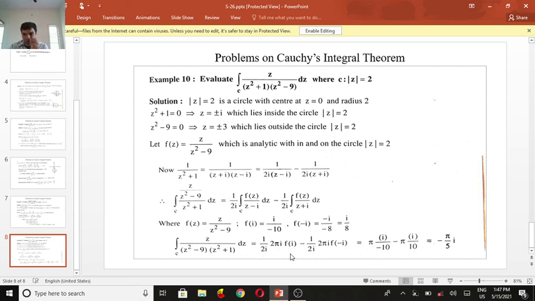Substituting, the 2 gets cancelled and we get pi times f of i, which is i pi divided by minus 10, minus i pi divided by 10. Totally we get minus pi by 5i. This is the value of the integral over C such that mod z equal to 2 of z divided by (z square plus 1)(z square minus 9).